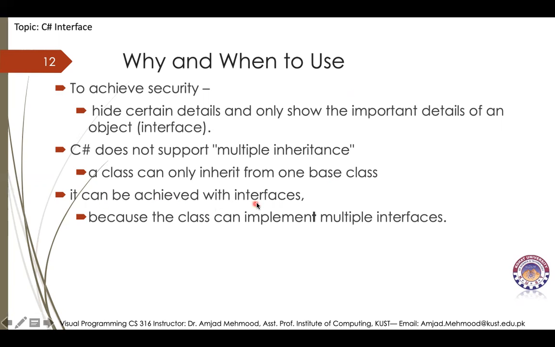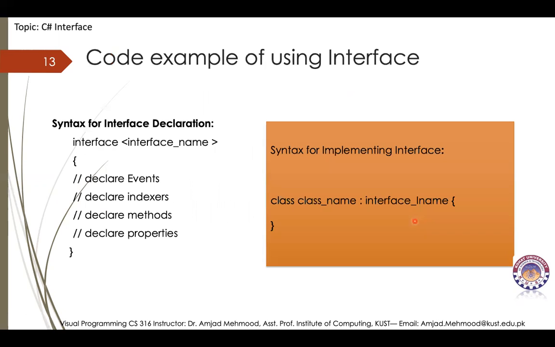Multiple inheritance can be achieved with interfaces, because a class can implement multiple interfaces at a time. Here you can see the interface keyword and the name of the interface. Normally we define the name of our interface starting with a capital I. This is for representing an interface.